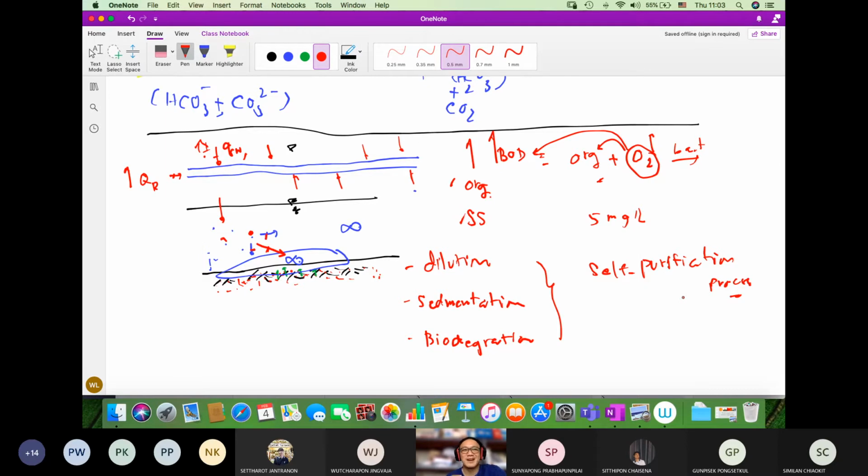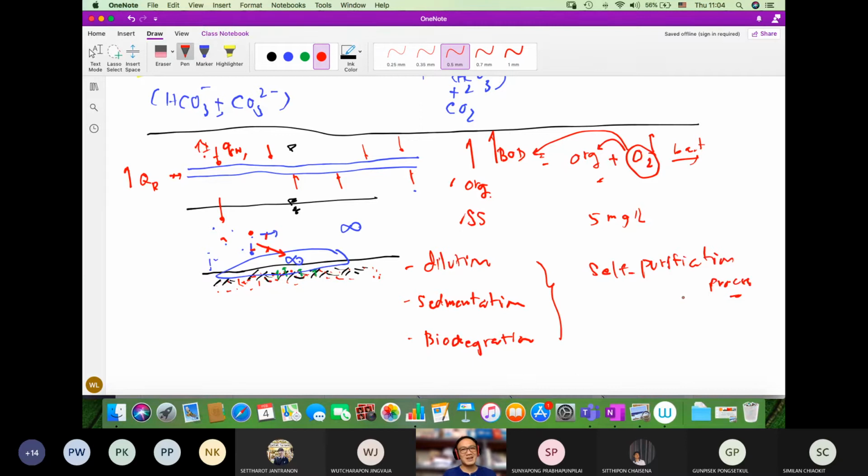So in terms of volumes, you can compare which one would be able to receive more waste. Of course, Chao Phraya would be able to receive more waste as compared to Mae Ping River, right? The volume is larger and the flow is higher, so they have more capacity to receive the waste.